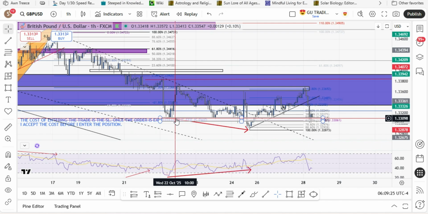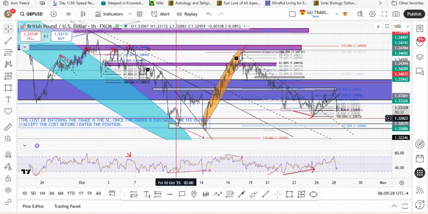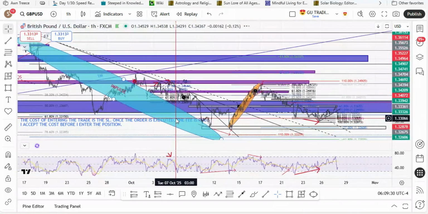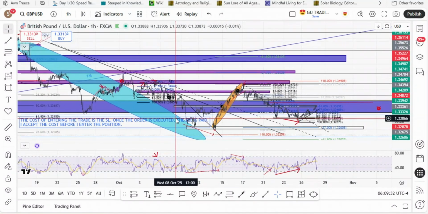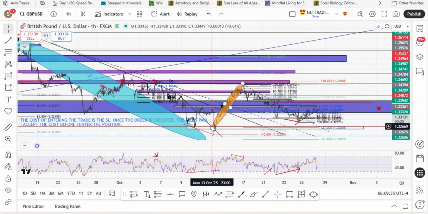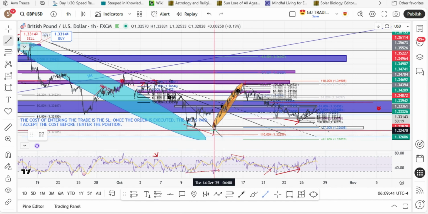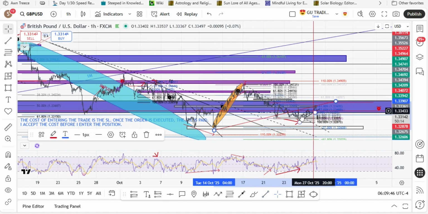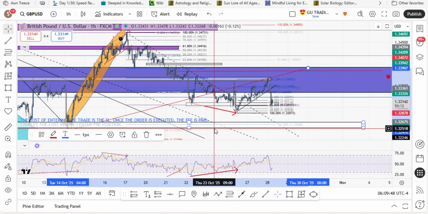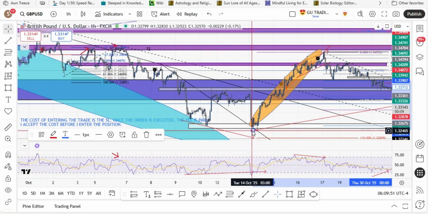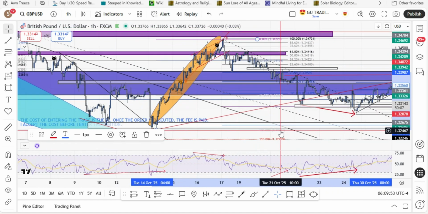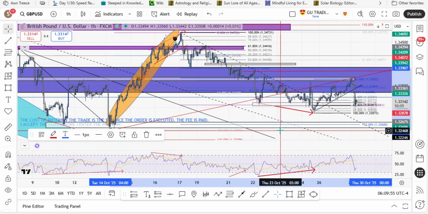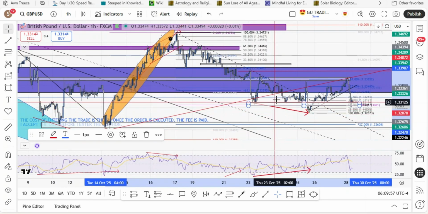1 hour. Let's see if this is a trend line. It could be.